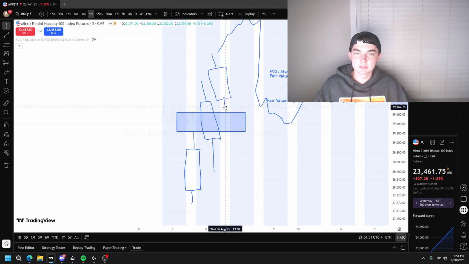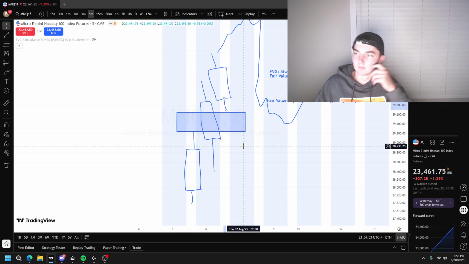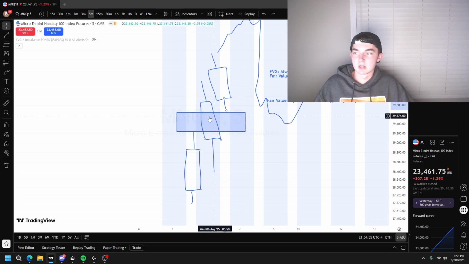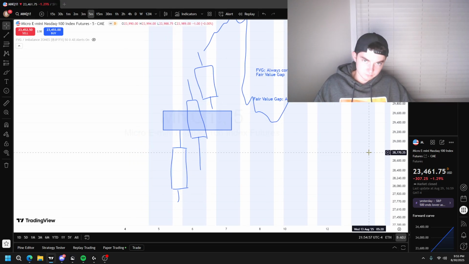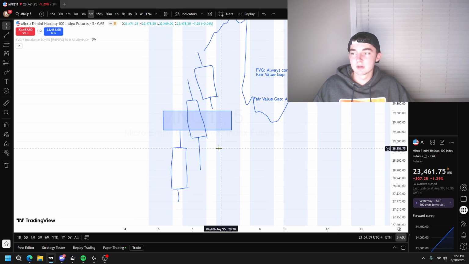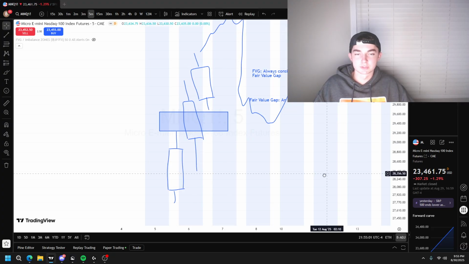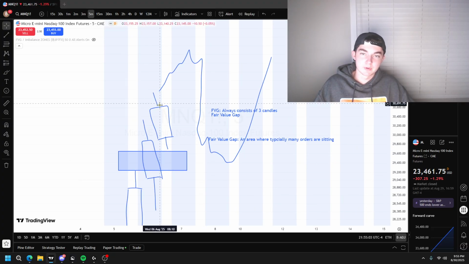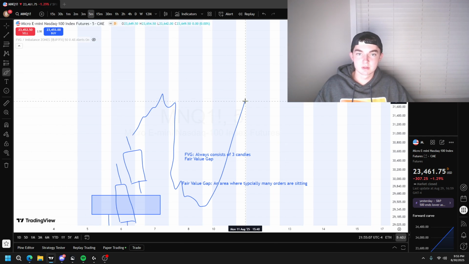This means that price has never been in this area. Price has never rejected off this area previously, which means that you're very likely to get filled in with orders here, which means that if price comes down here, taps in this gap and shoots up, that means it respected the fair value gap.